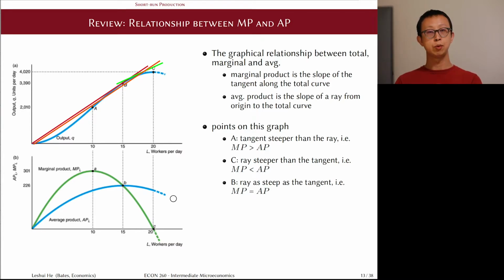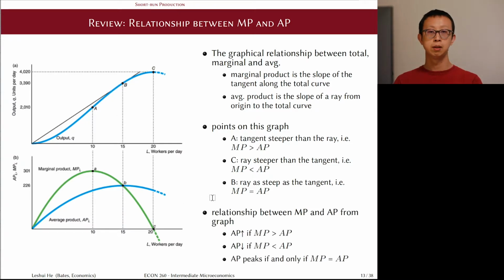One pattern we might have realized is that it seems like the average product increases when the marginal product is higher than average, and the average starts to decrease once the marginal becomes lower than the average. It turns out that this is not coincidental at all. In general, the relationship between marginal and average follows a pattern.